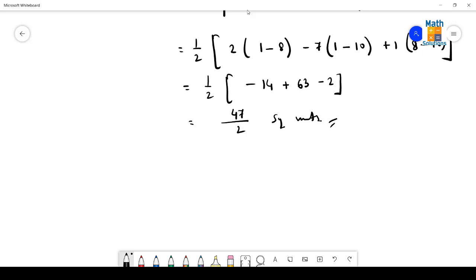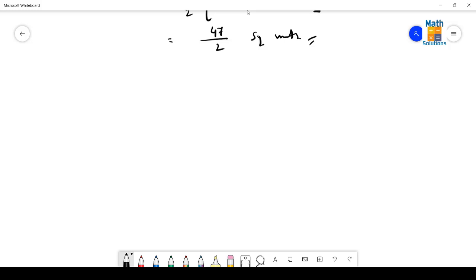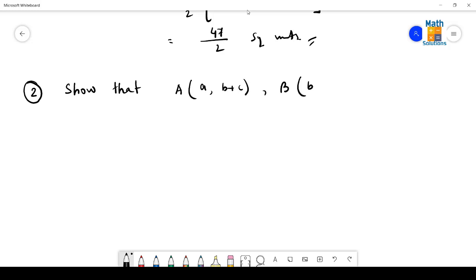So here goes question number 2. In question number 2, what do we get? Show that A (a, b plus c), B (b, c plus a), and third one C (c, a plus b) are collinear.